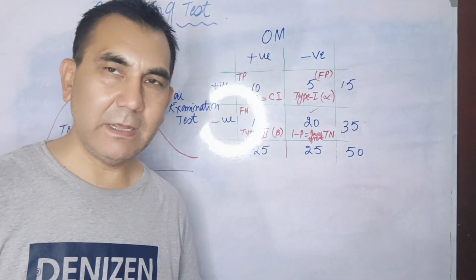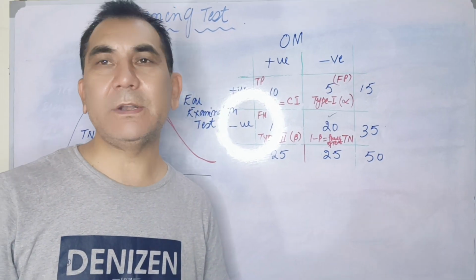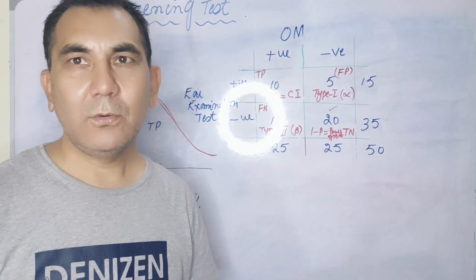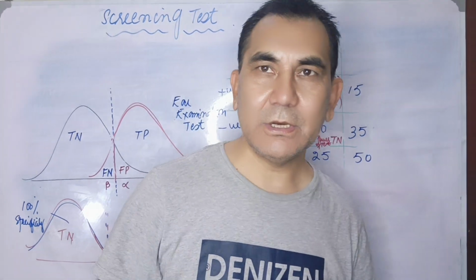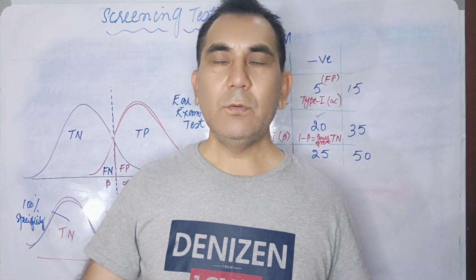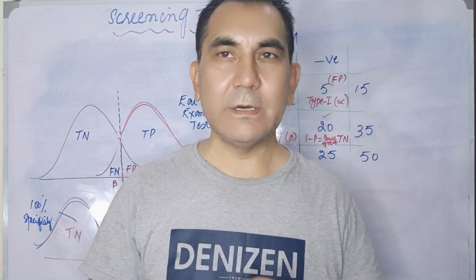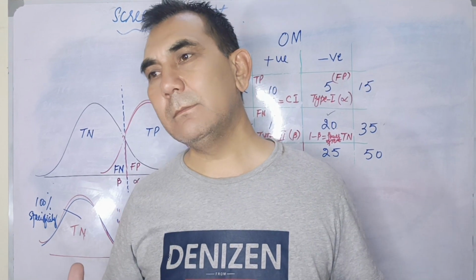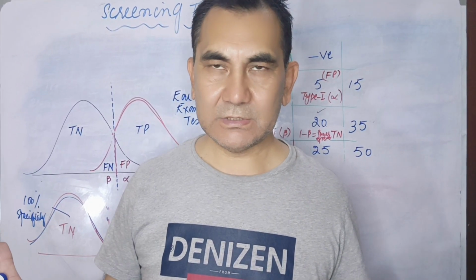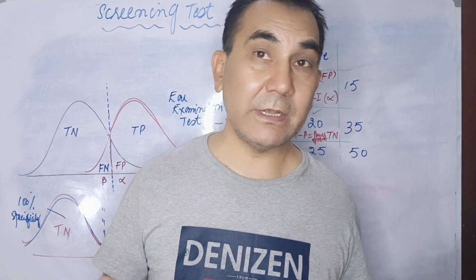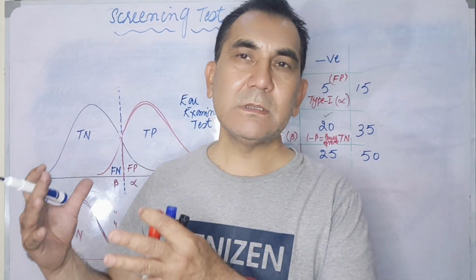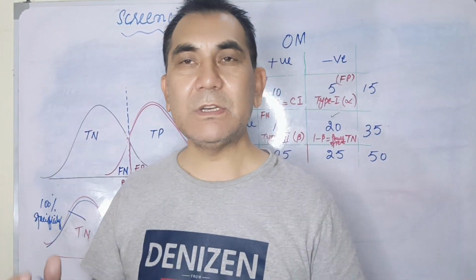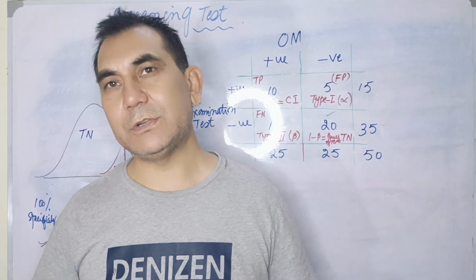Okay, but in actuality, in real life, it does not happen. Okay, if you apply any gold standard test, it will be 99% sensitivity or 99% specificity. It means 99% sensitivity is the gold standard of any test.